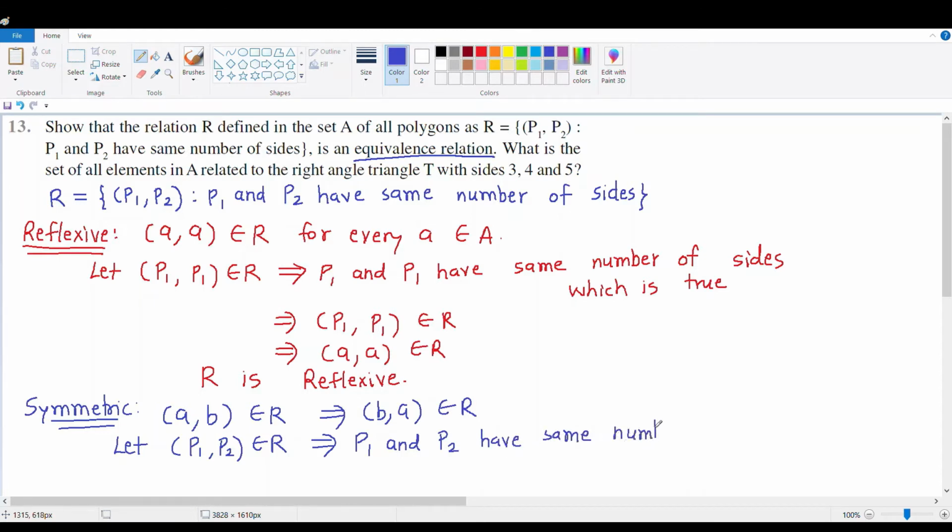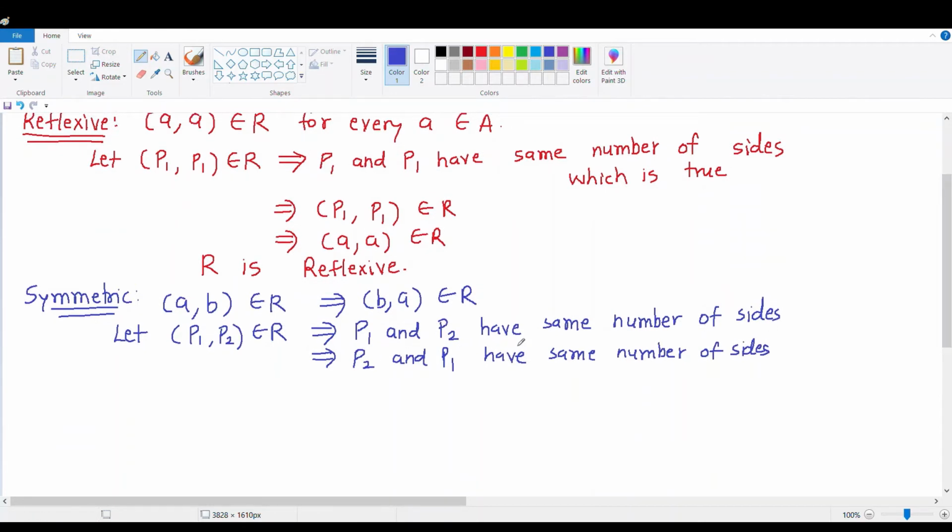So that means P1 and P2 have same number of sides. But the same thing I can write this way as well, that P2 and P1 have same number of sides. This is still the same thing, right?